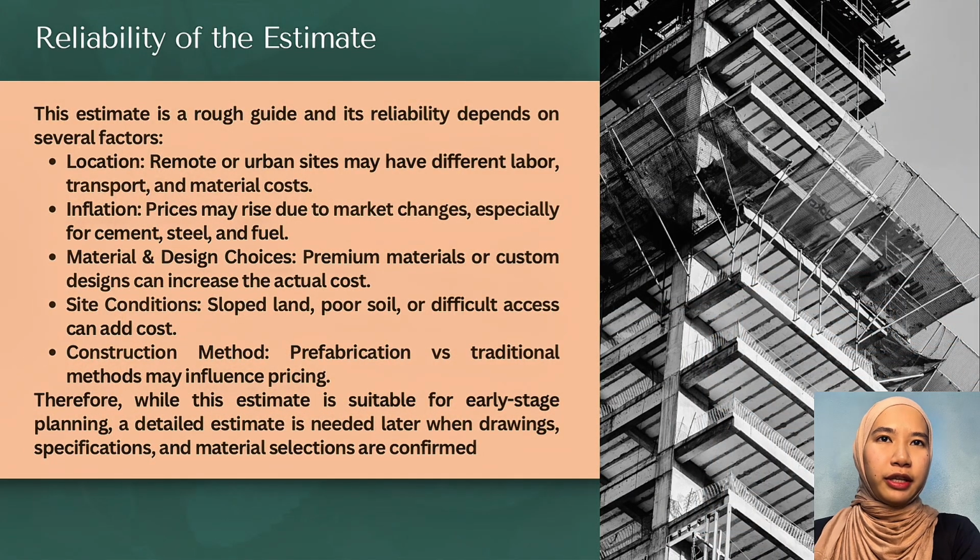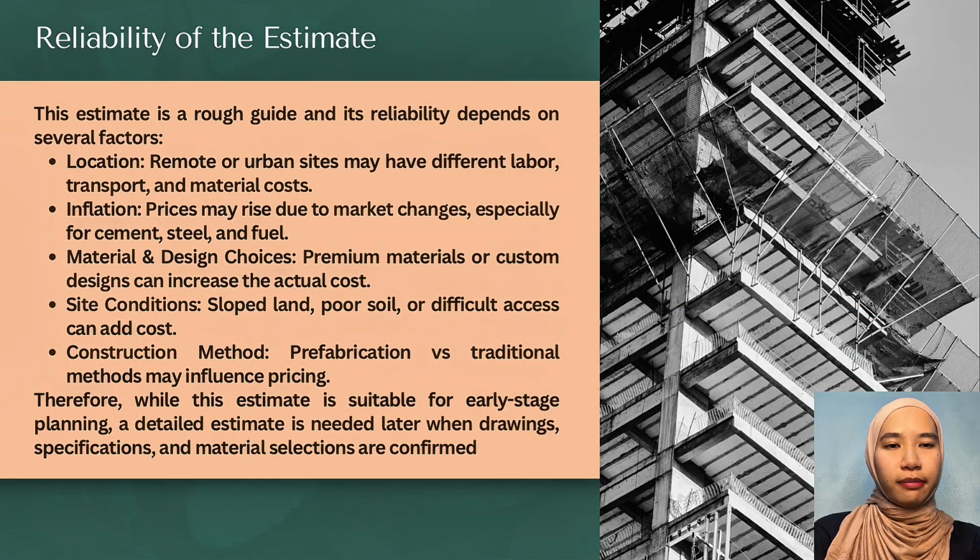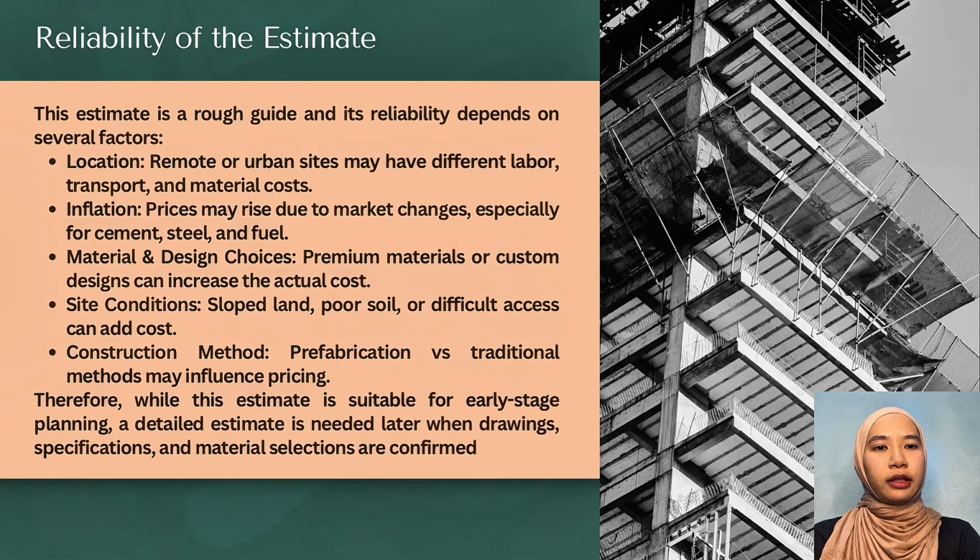Then the reliability of the estimate. This estimate is a rough guide and its reliability depends on several factors. The first factor is location. Remote or urban sites may have different labor, transport, and material costs. The next factor is inflation.